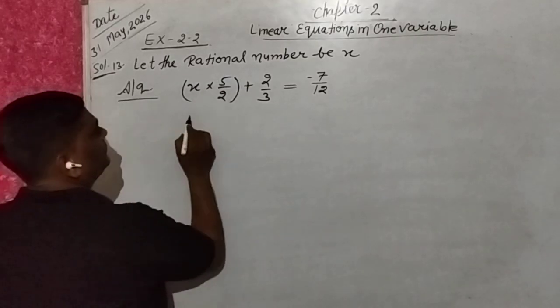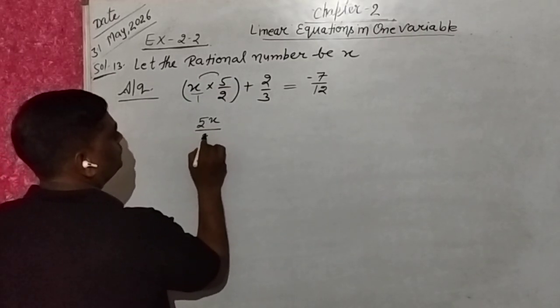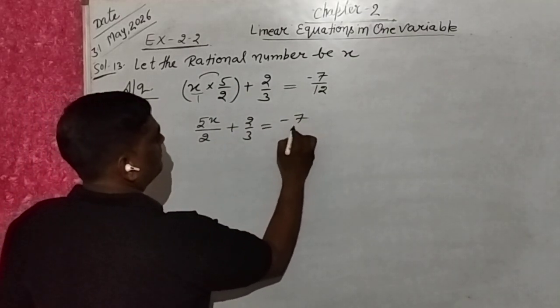So 5x upon 2 plus 2 upon 3 is equal to minus 7 upon 12.